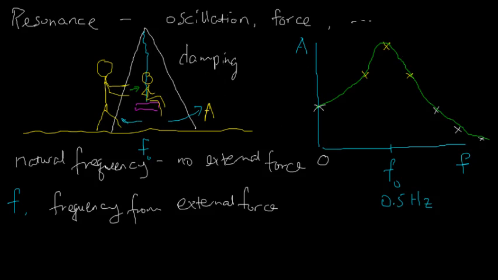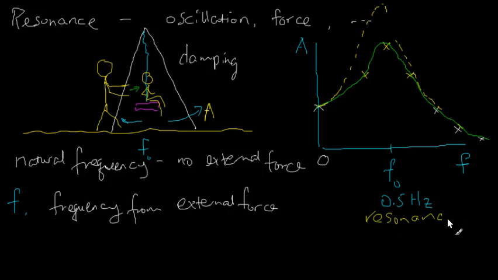So we might, for example, get a graph that looks like this. This graph is going to look sharper around the natural frequency, which we would also call the resonance frequency.